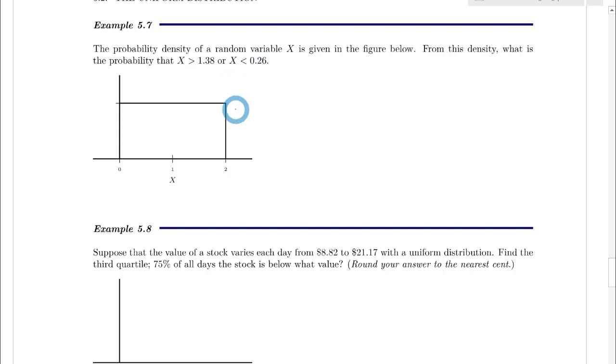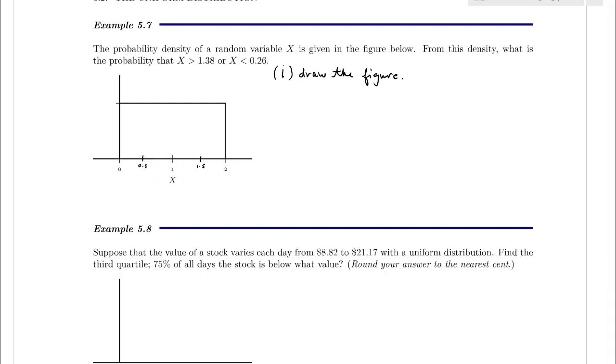So first thing we want to do is go ahead and draw the figure. I think drawing and shading is very helpful. So 1.38, I would mark this like 1.5 and a half.